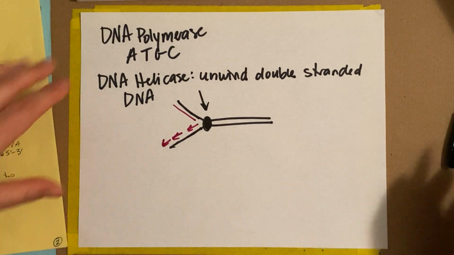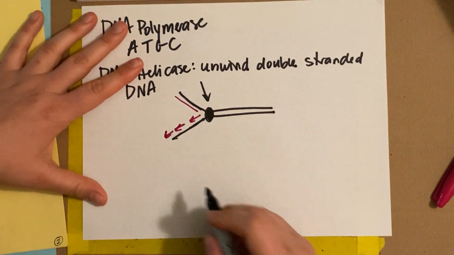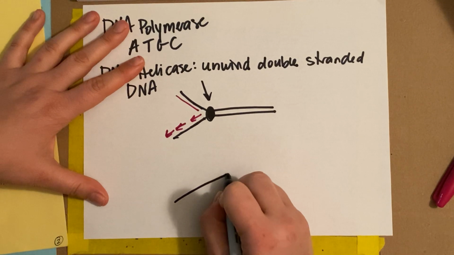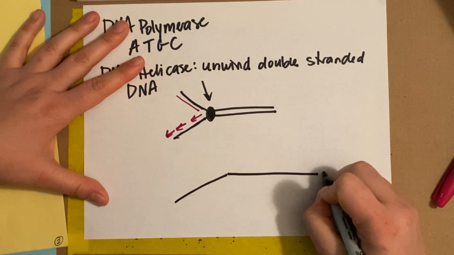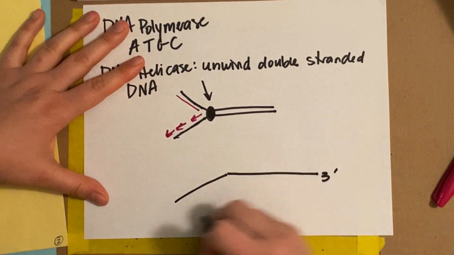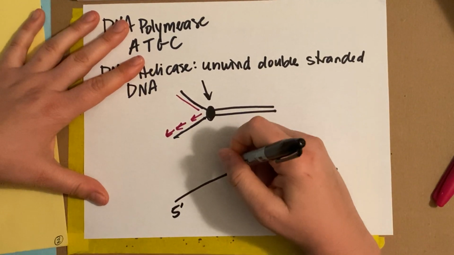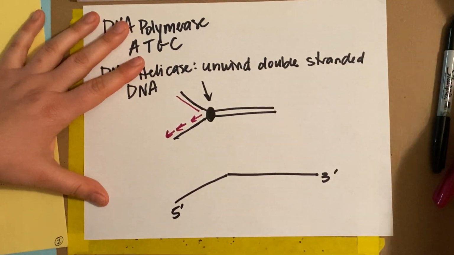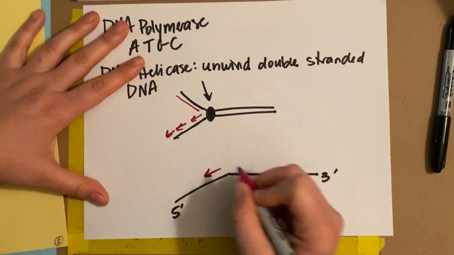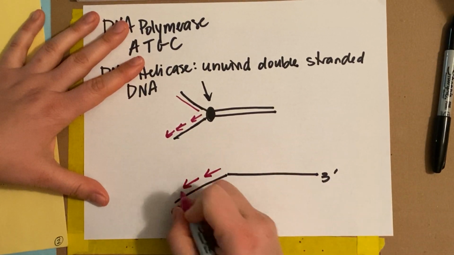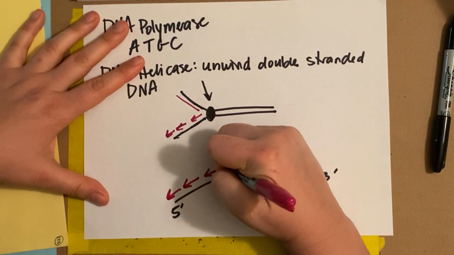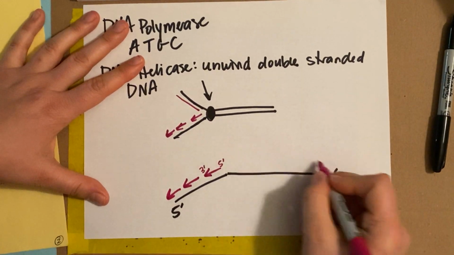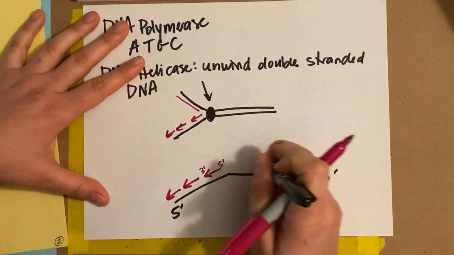Another little thing, so I talked a little bit about this lagging strand, and so I want to draw this lagging strand a little bit larger. Okay, and so the lagging strand is going to be this 3' to 5', and the new DNA being made is made in fragments. Okay, each of those is 5' to 3', and they'll continue on.